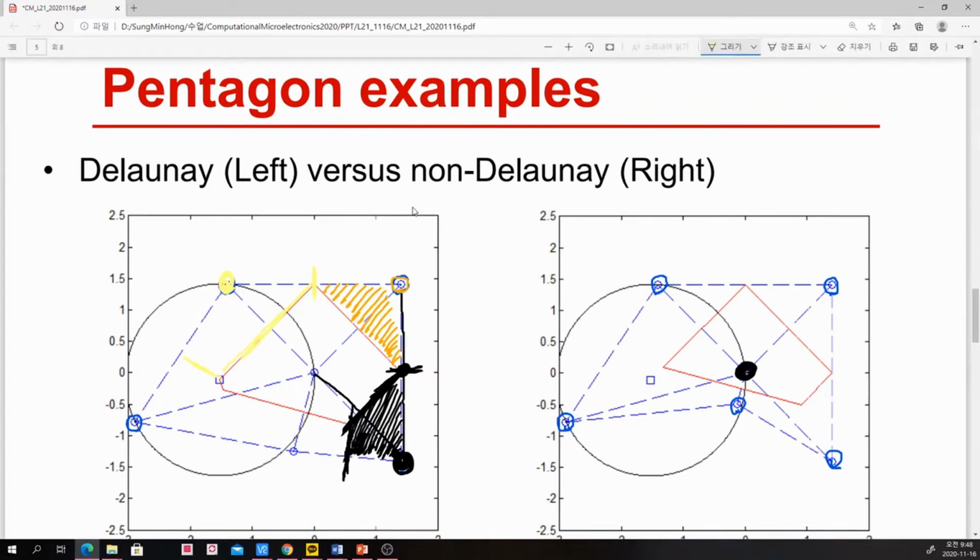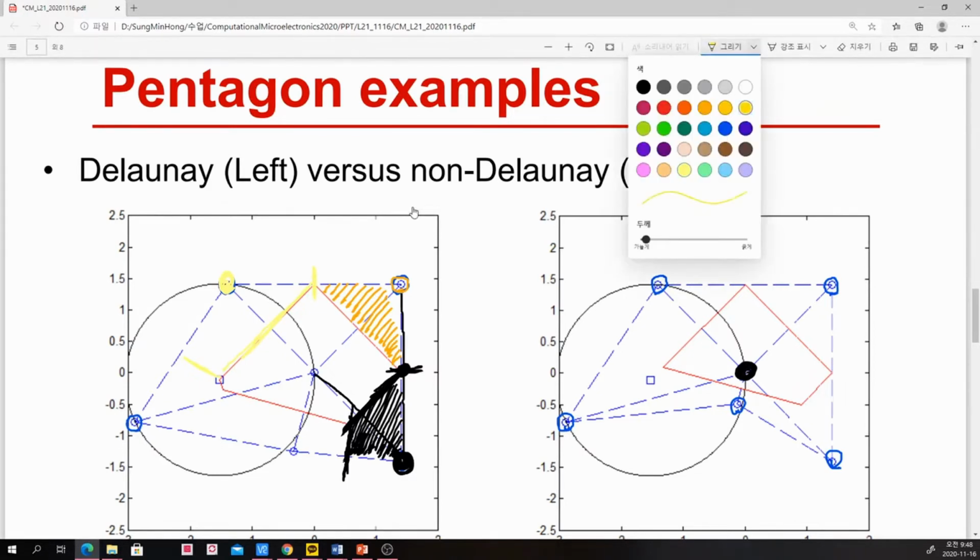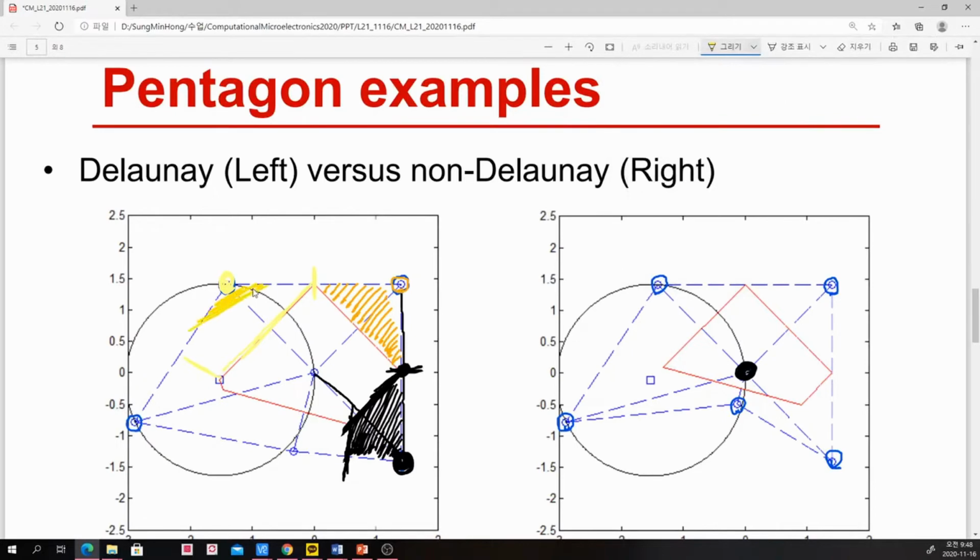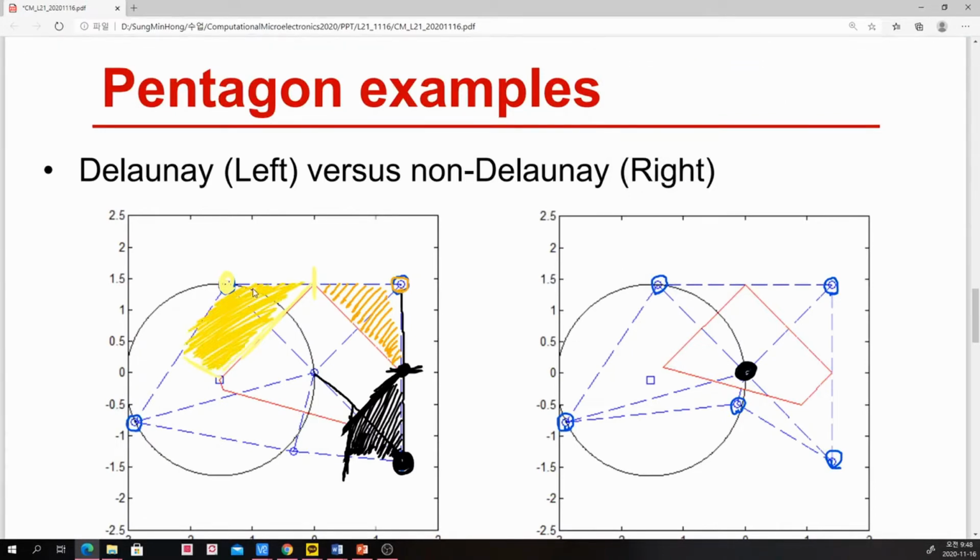So we will have this one. Yes. So everybody now understands that this is the situation for calculating the Voronoi cell.